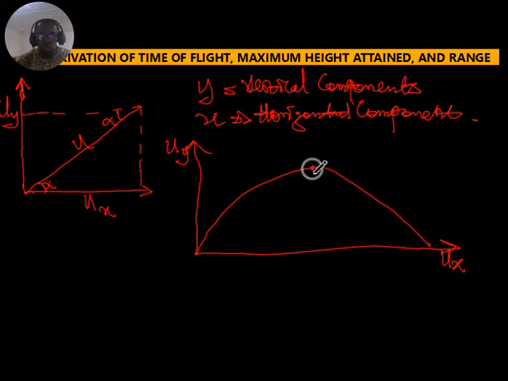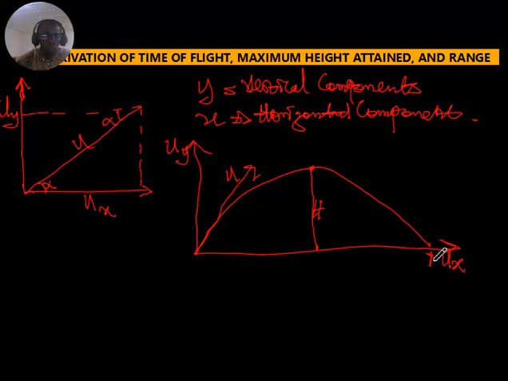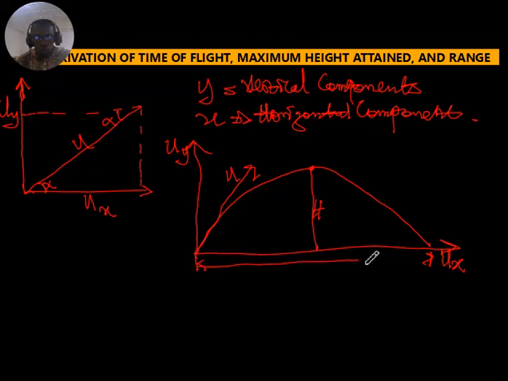At this point, the object attains a maximum height, which we call h, the maximum height, and this is the resultant of the velocity, which is u, and this part to this part represents the range attained by the projected body.